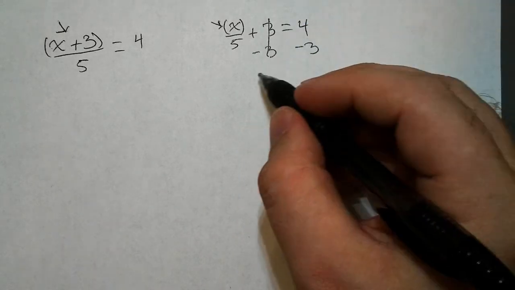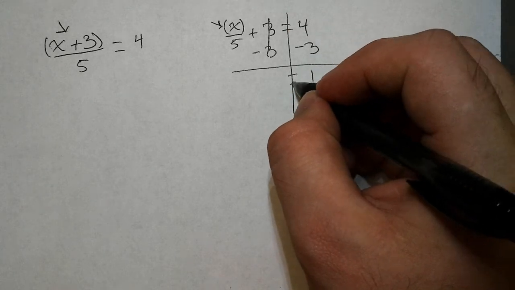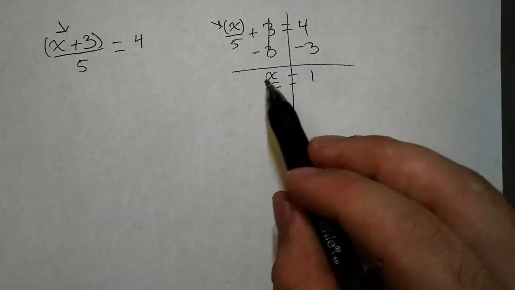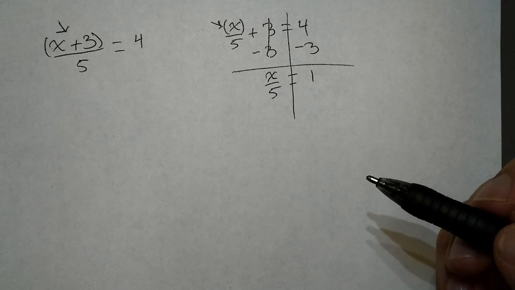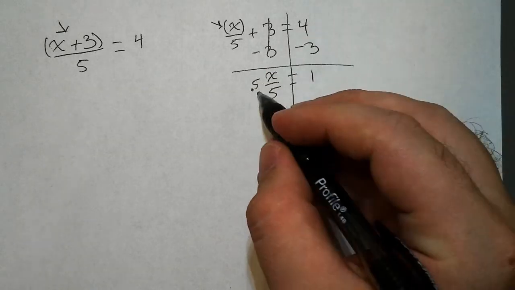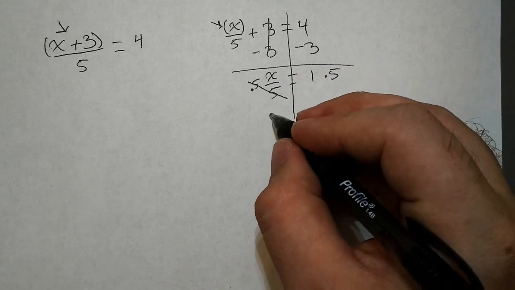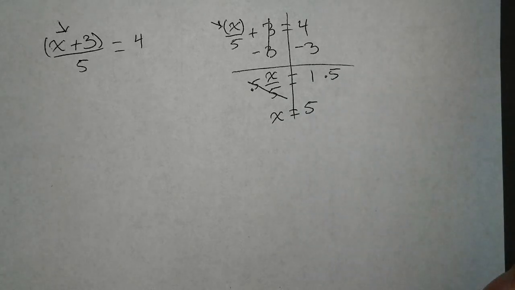Those cancel, and then I'll have 1 left over there, and then I've still got x divided by 5. Now how do we get rid of a divide by 5? Think the opposite of divide. Multiply by 5. What I do to one side, I have to do to the other. These will cancel and give us x is equal to, and then 1 times 5 is 5.